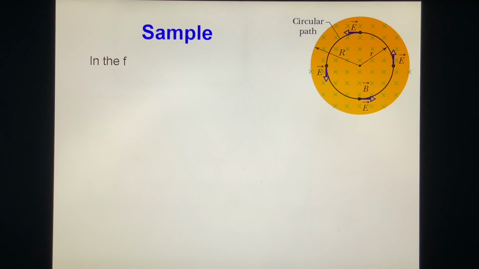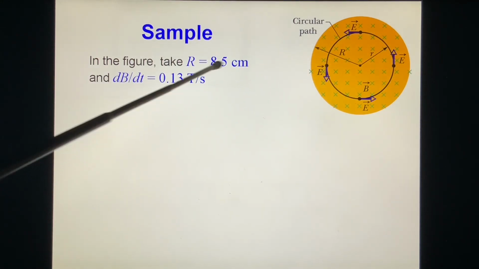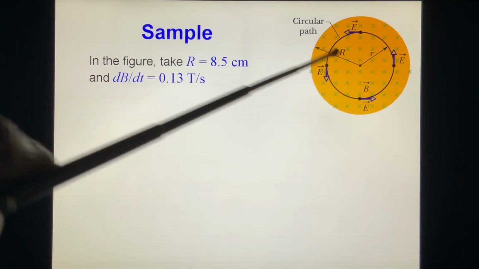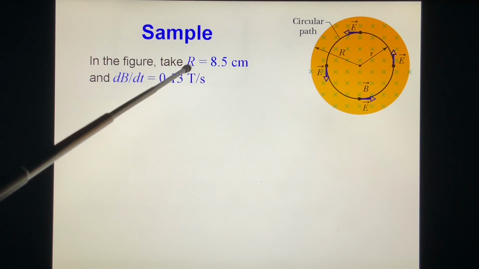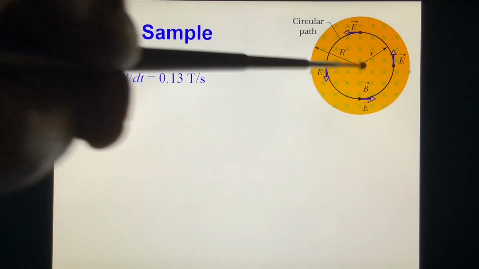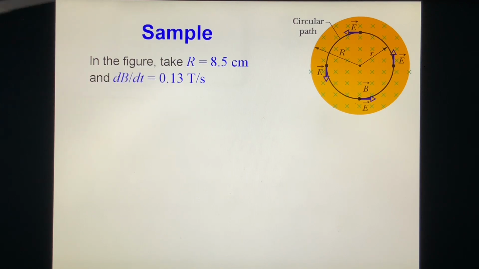Example. In the figure, take R as 8.5 centimeters, and dB/dt as 0.13 tesla per second. The B field increases uniformly.